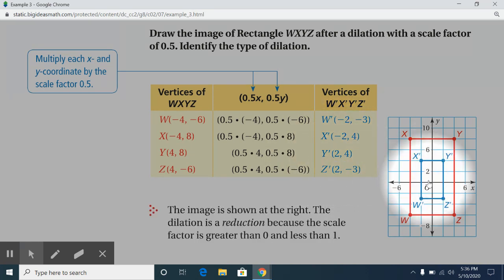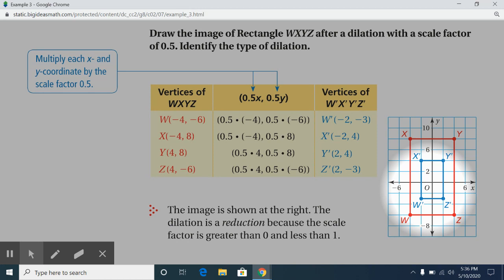And here's our new rectangle. We just multiply each of their coordinates by 0.5. We get this, and it says the image is shown at the right. The dilation is a reduction because the scale factor is greater than 0 but less than 1. So what this example is showing us is that when we multiply by something that is less than 1, it's going to make the image smaller.